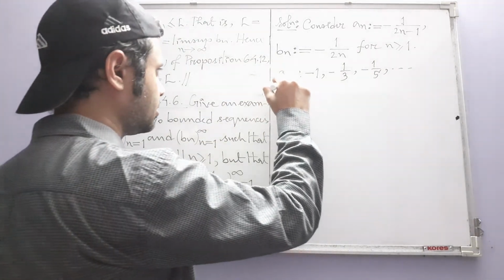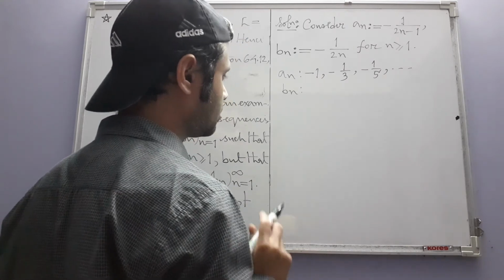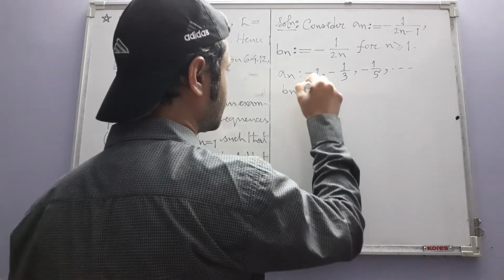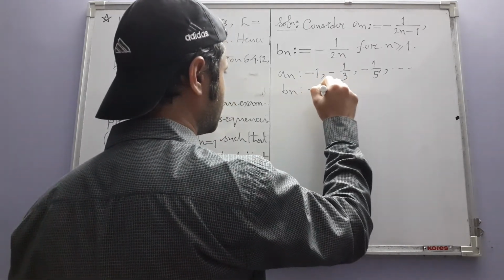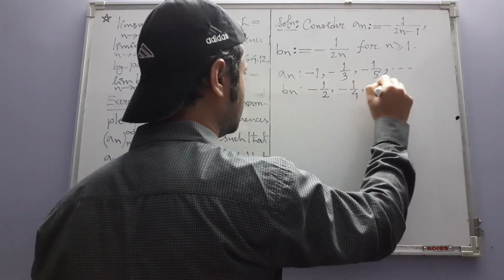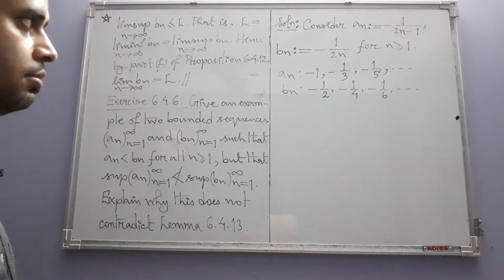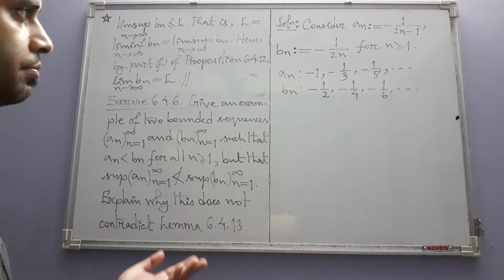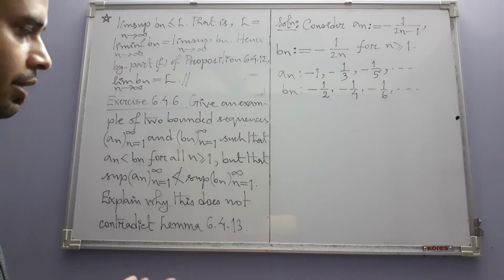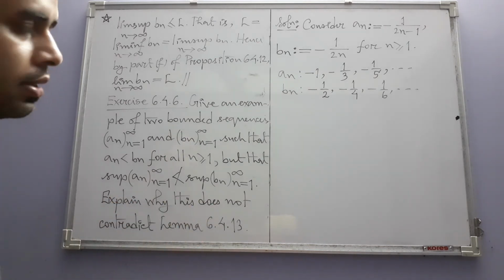And if we write the terms of the sequence Bn, then it will be minus 1 over 2, minus 1 over 4, minus 1 over 6, and so on. Now in this way, the thing is much more clear.